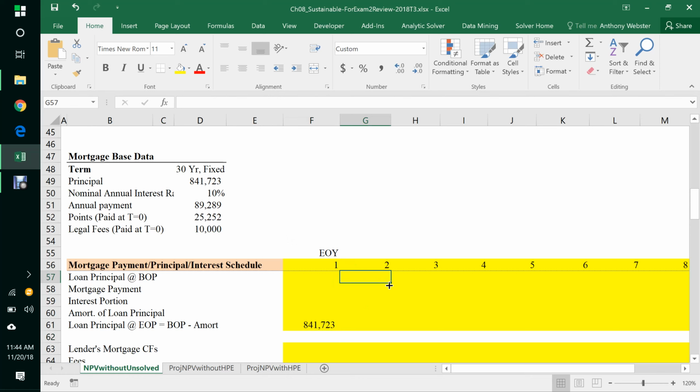All right, so now let me see what I can do for the rest of the year. So year 2, loan principal at beginning of year 2 is equal to whatever it was at the end of year 1. Okay, so that's good. My mortgage payment, I've given that. I've tested you guys on how to compute mortgage payment, so that's a sunk cost for you guys.